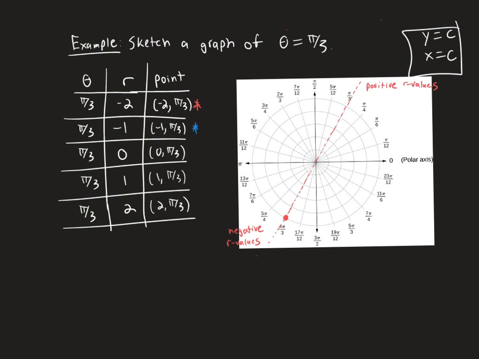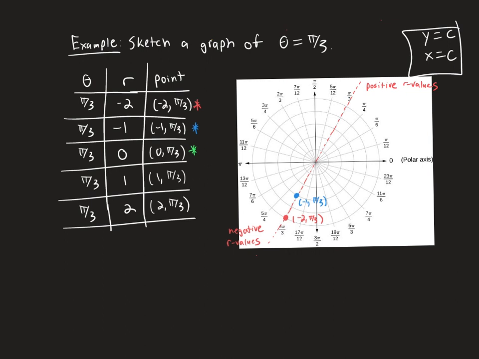Negative 1, pi over 3, sure, let's say that it's right there. Maybe this isn't perfectly to scale. So that's our negative 1, pi over 3. If we're not sure about the scaling here, labeling the points is the way to communicate very clearly what we're talking about. 0, pi over 3, r of 0.